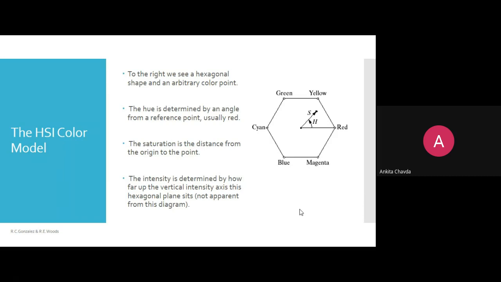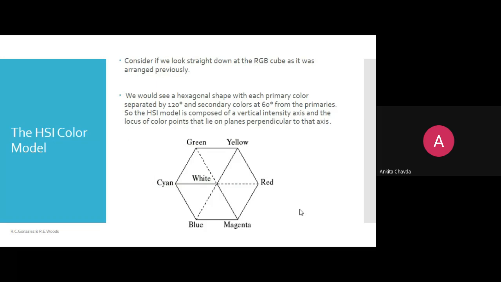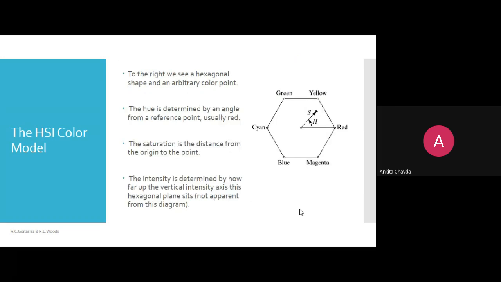We have seen how we can represent this cube from different perspectives, and we need to take red as the reference. We are considering theta. Theta means the angle from the red reference, red as the axis. From that reference, where your point is located, that is your theta.